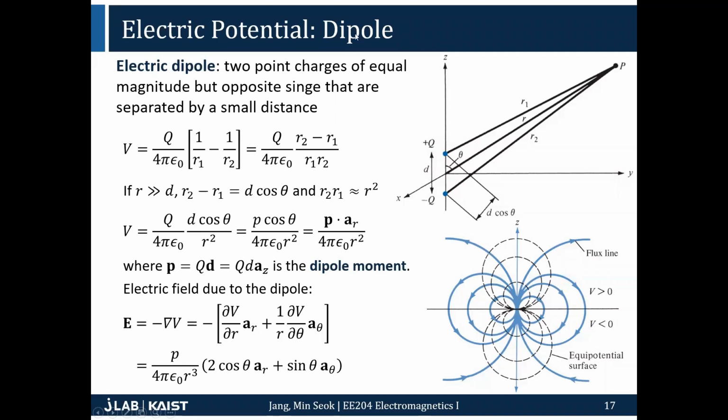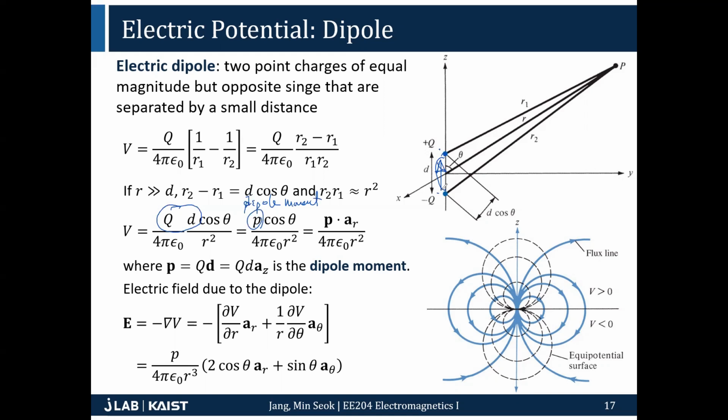Okay. And then we define Q multiplied by D as P, which is called the dipole moment. You have a vector dipole moment, which has a direction from the negative charge to the positive charge.